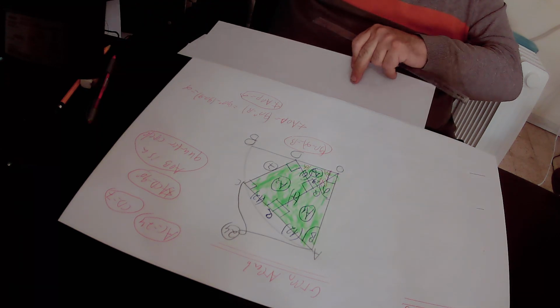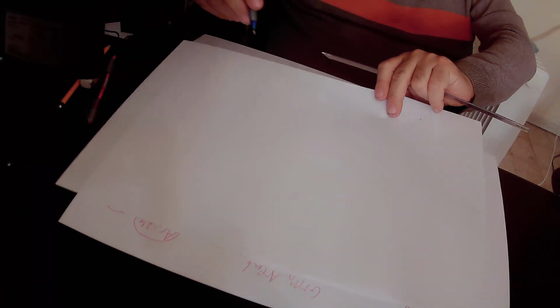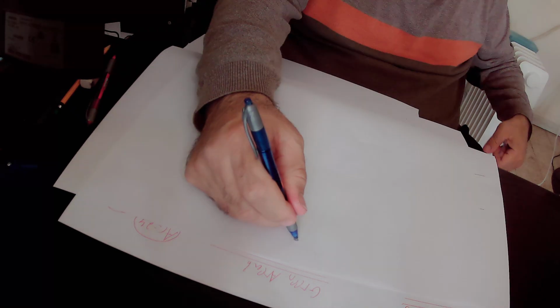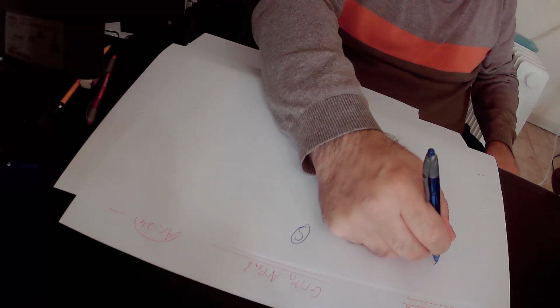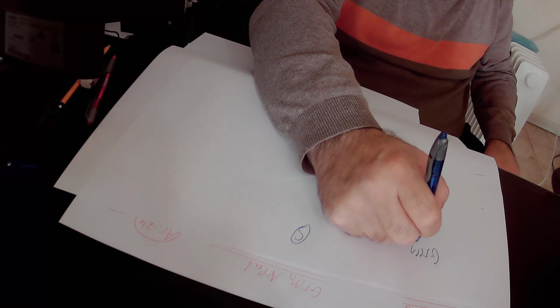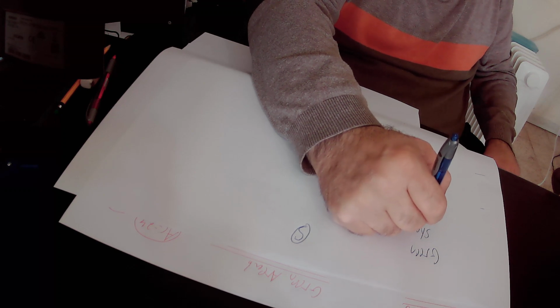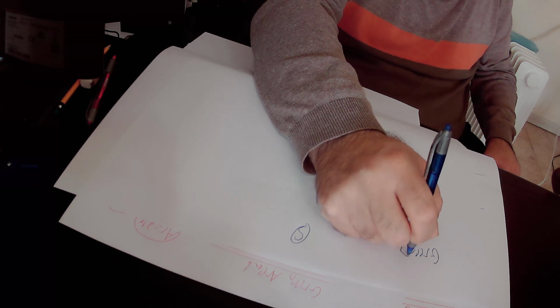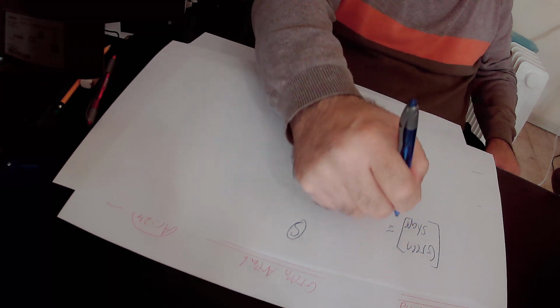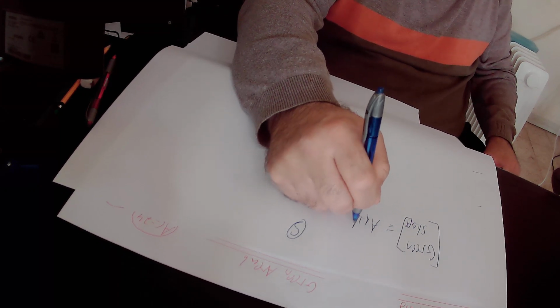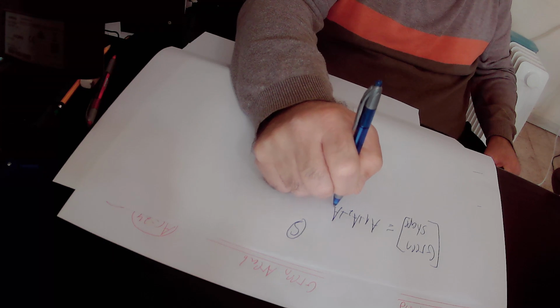I repeat again that the area of the green shape in total equals A1 plus A2 plus A3.